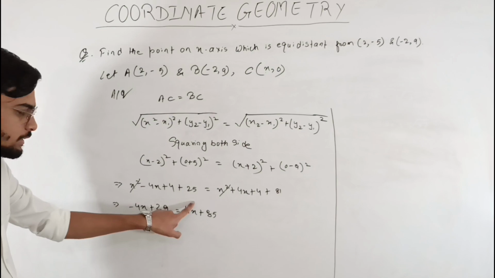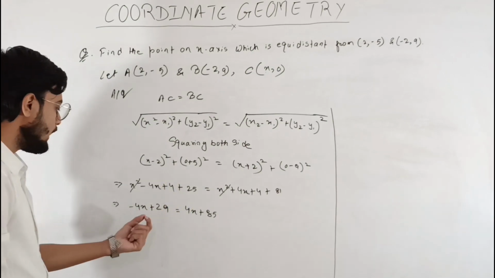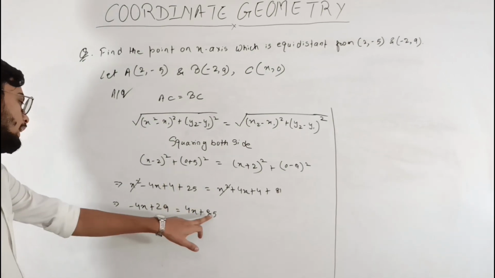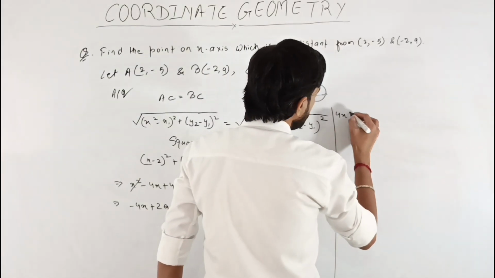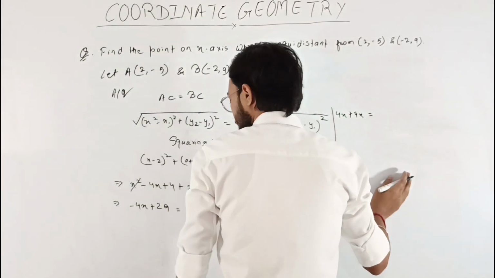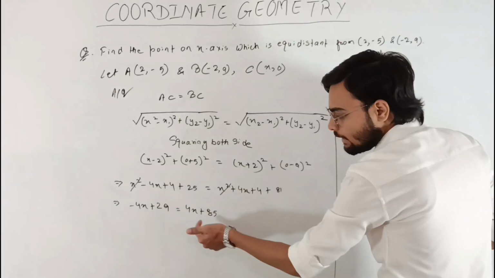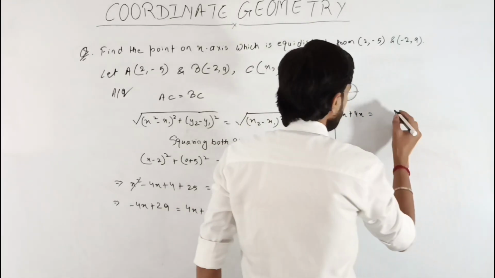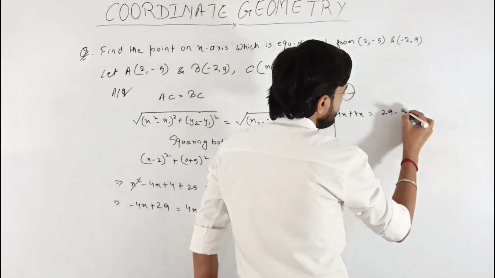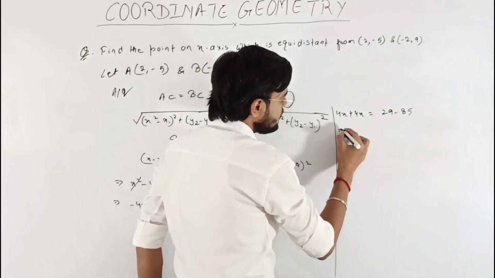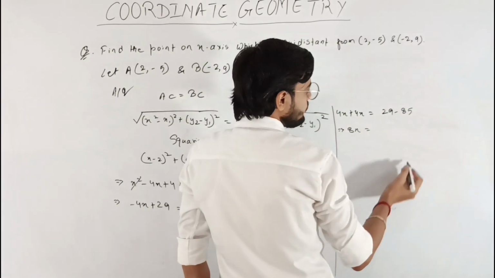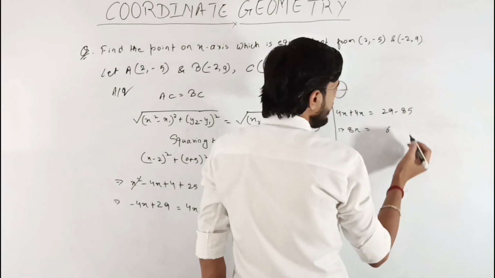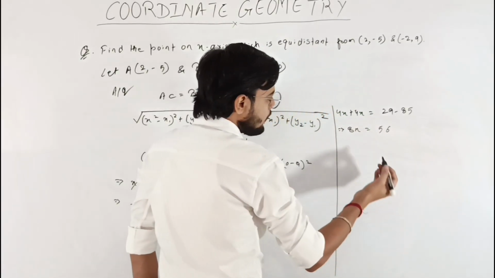This 4x goes to this side, then this will become 8x, and this 85 goes to this side, which is 29 minus 85. Now 4x plus 4x is 8x is equal to, now subtract it, 56.